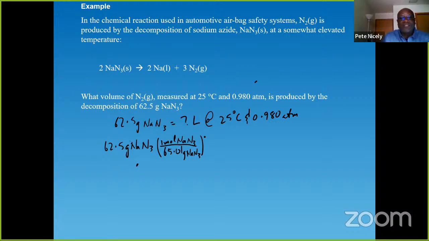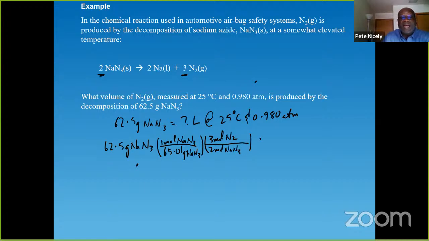And then I'm going to write down another conversion factor, which represents the mole ratio between the nitrogen and the sodium azide. As you can see, that's a 3:2 mole ratio. So the way we represent that here is 3 moles of nitrogen above and 2 moles of sodium azide below.